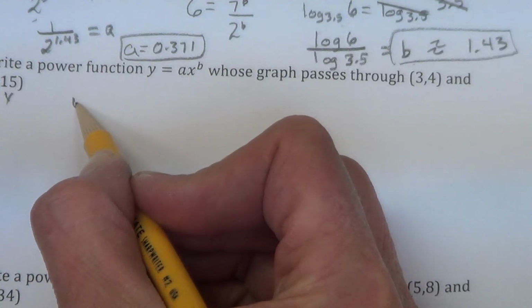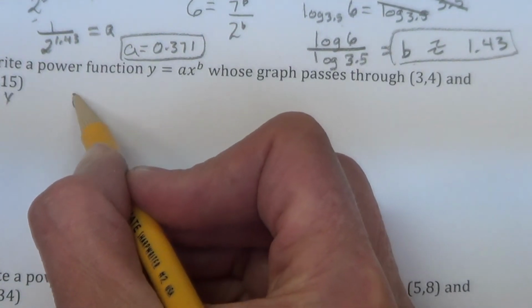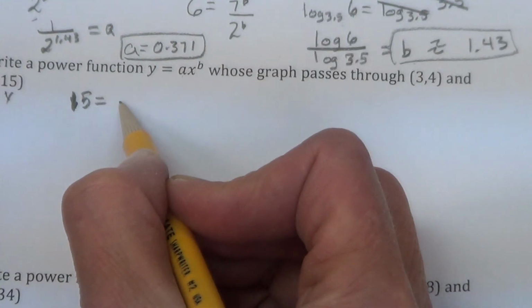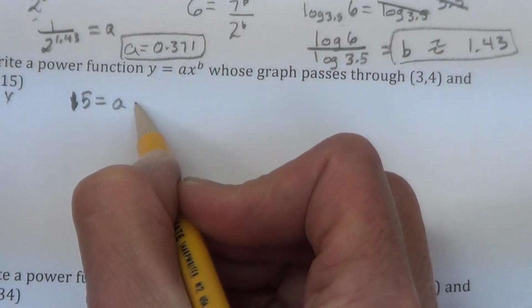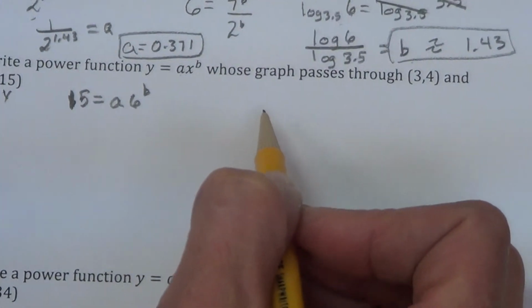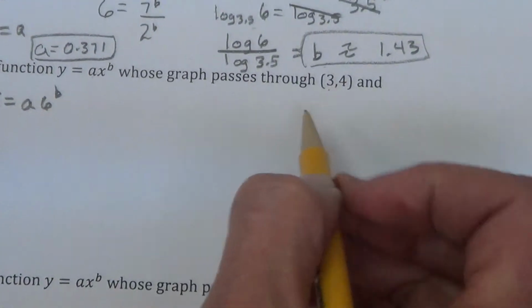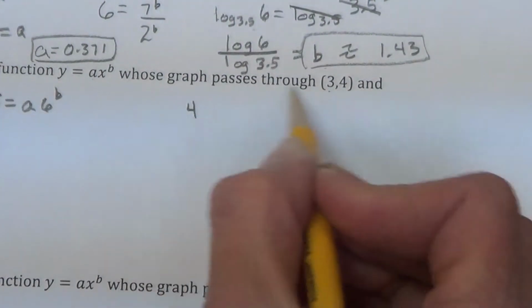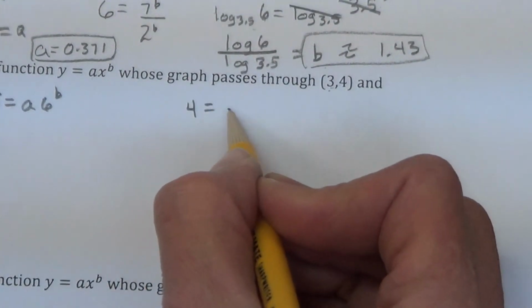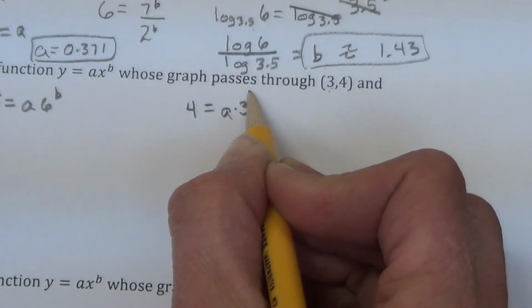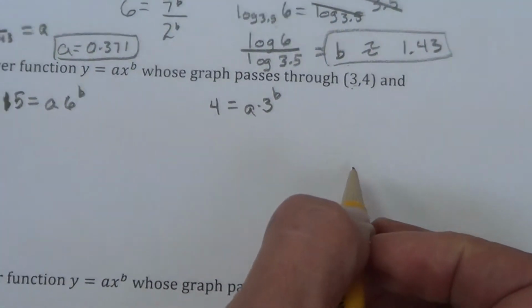So we have 15 equals A times 6 to the B. Over here, we have Y, which is 4, equals A times 3 to the B. Okay?